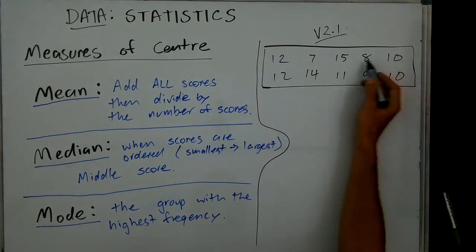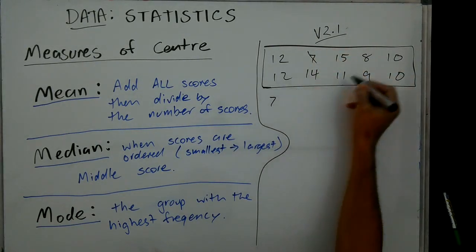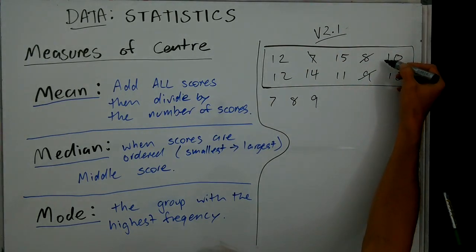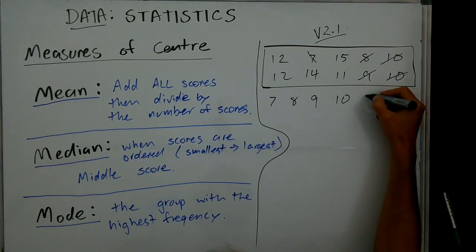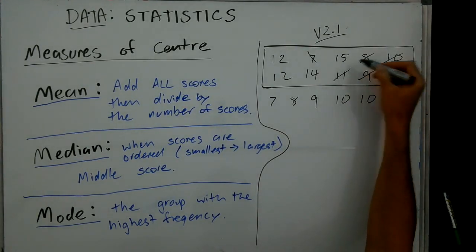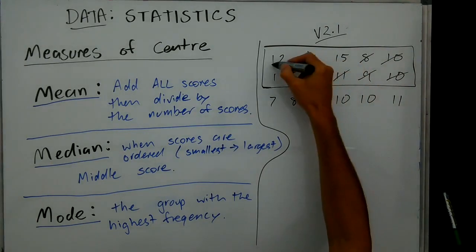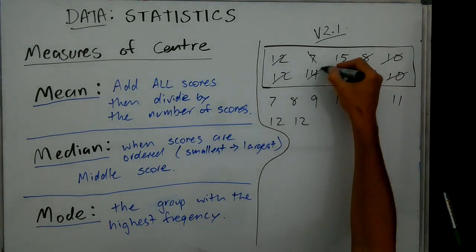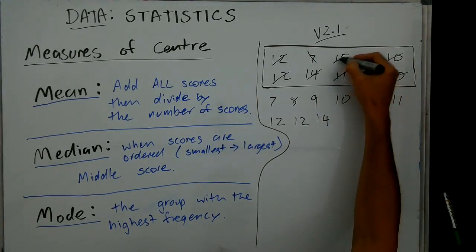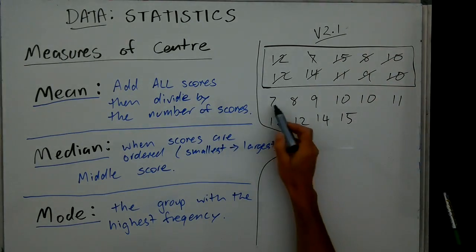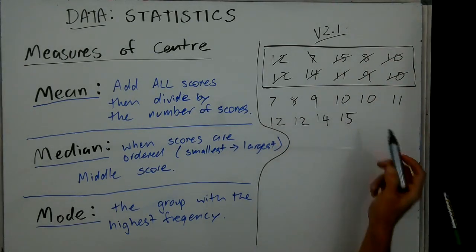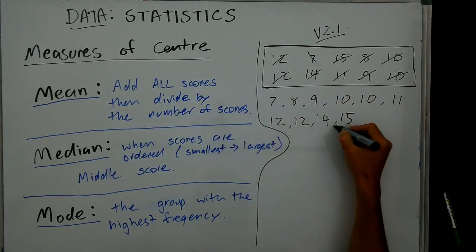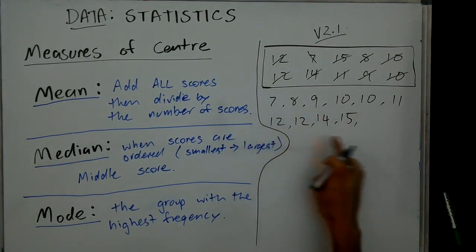We've got a 7, 8, a 9, two 10s, 11, two 12s, 14, and so on. Let's put commas between them. I haven't quite arranged it in the same way, but now they're in order from smallest to largest.